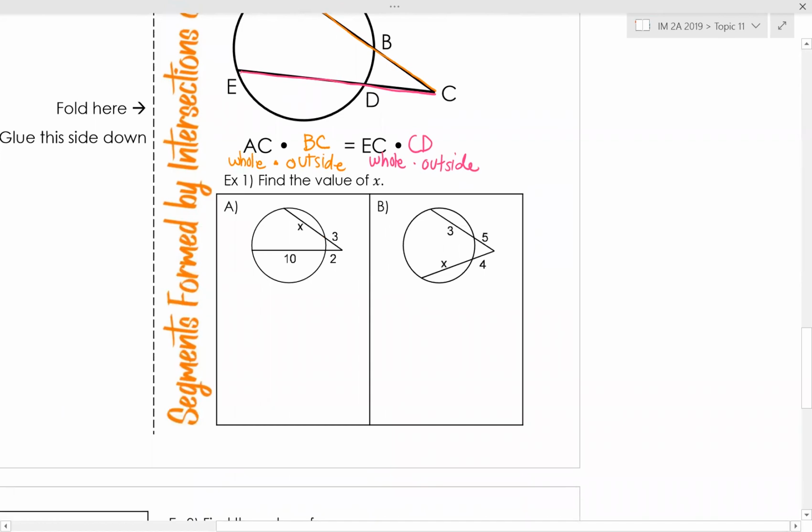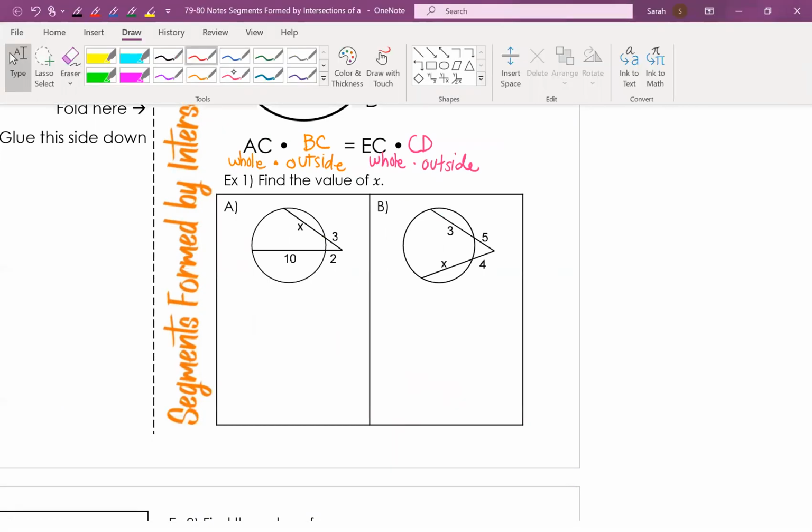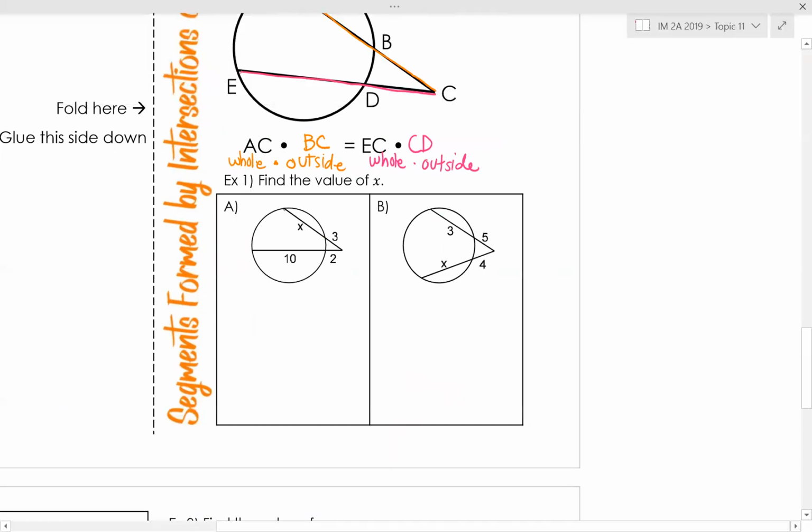Okay, so if I look at the first line, the whole thing is just the sum of the two, right? So if I find the whole, I'm doing x + 3, and that's going to give me the length of the whole. So x + 3 times the outside, which is 3.